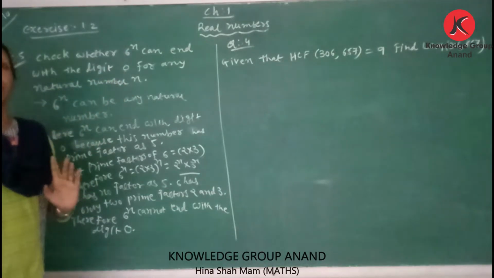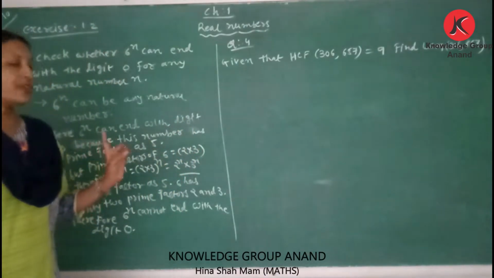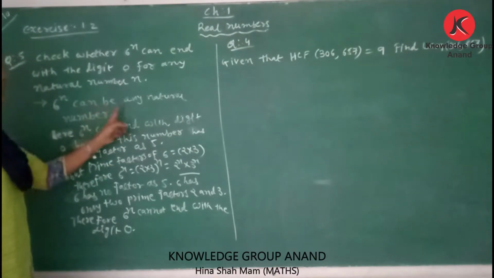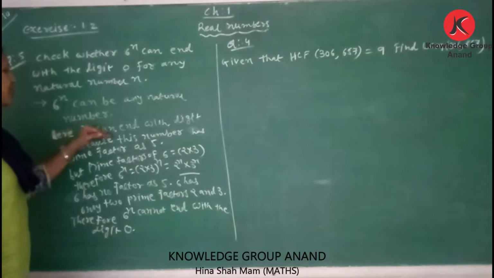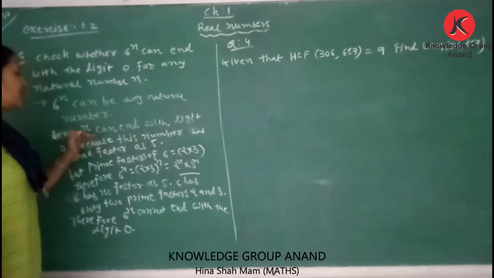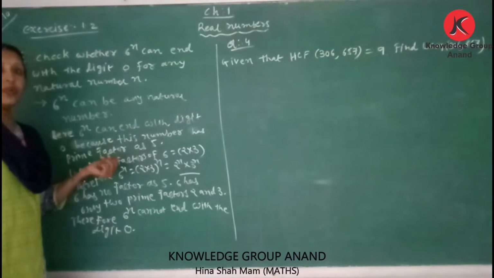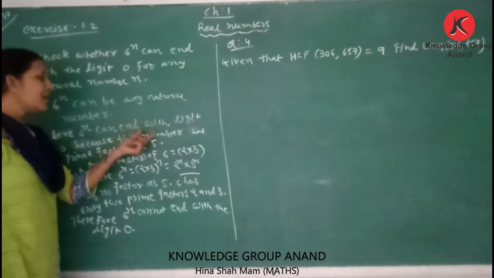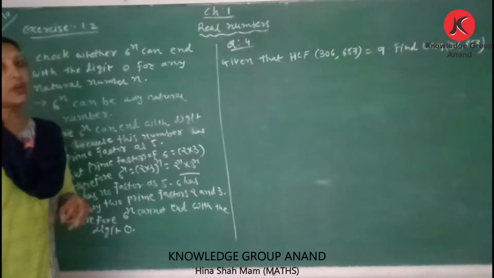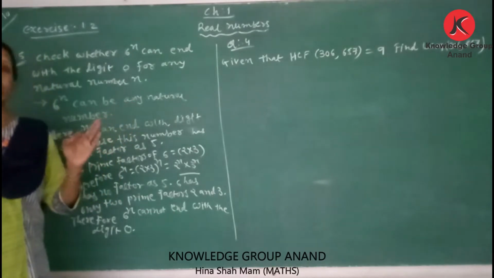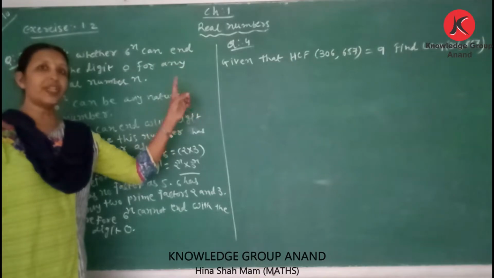Here we check 6 raised to n can end with digit 0. 6 raised to n can be any natural number. It can end with 0 only if it is divisible by 5, because 0 is the end of multiples of 10. Multiples of 10 end with 0.